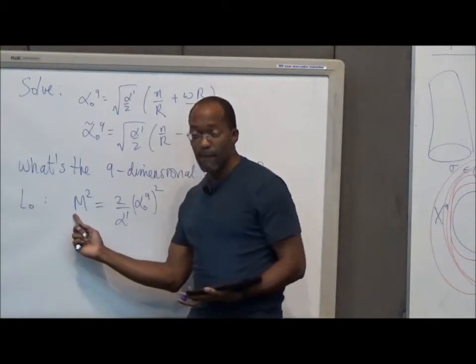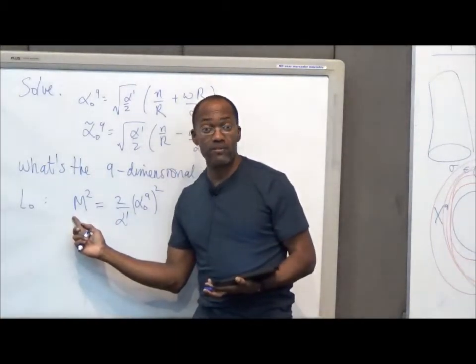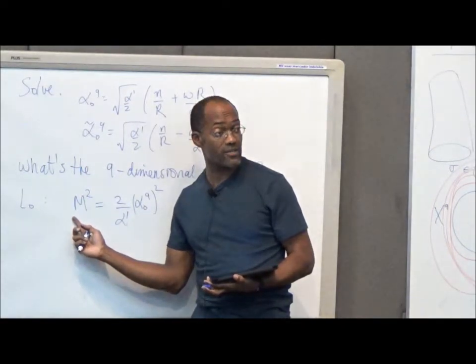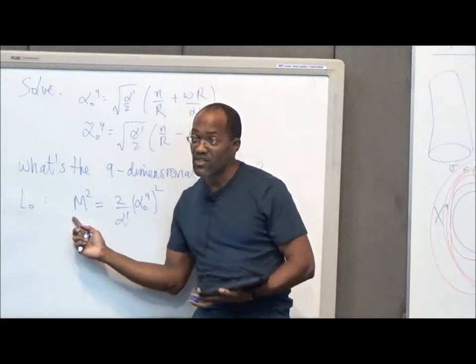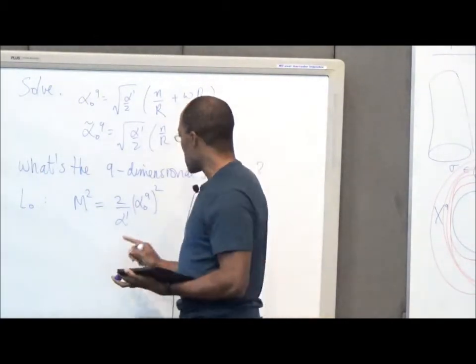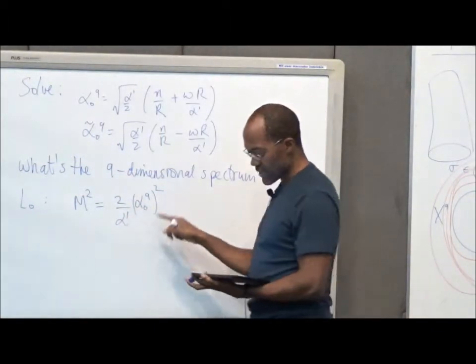This m now refers not to p mu, where mu runs from 0 to 9. It's just 0 to 8, right? Because I'm interested in the 9-dimensional spectrum. Does that make sense to everyone? Yeah? Okay. So there's the rest of it, which I'm keeping here.